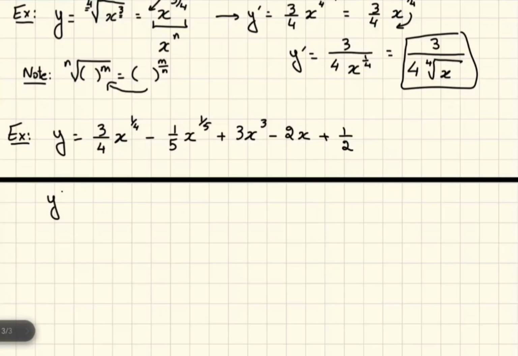And the question, find the derivative. You do the derivative of this one alone, this one alone, this one alone, this one alone, and this one alone. So I'll apply the rule.